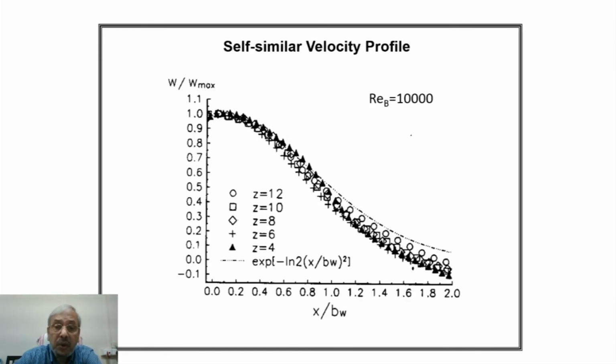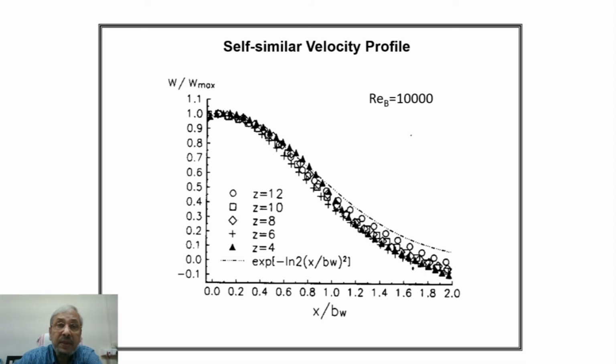Now I will show some results which are really worth mentioning. This is the result of a model or simulation for jet flows, and as you know, for turbulent jets, getting a self-similar profile is the acid test.